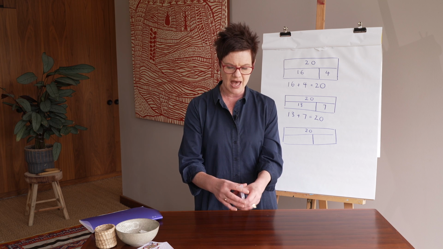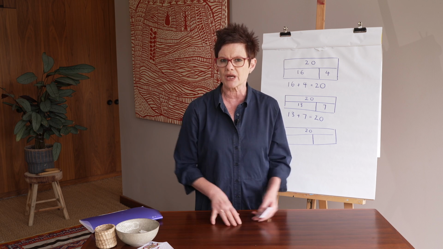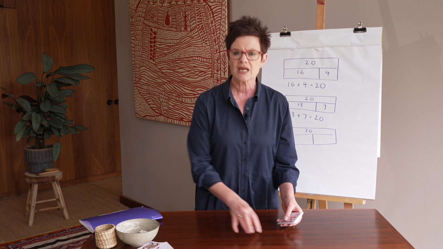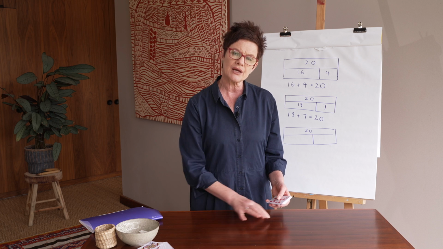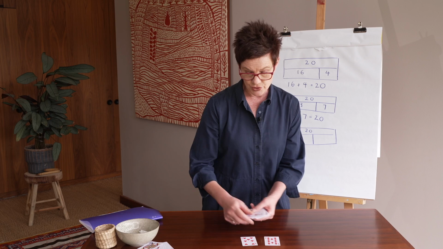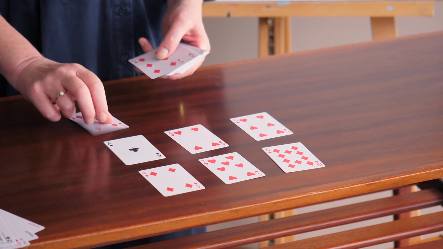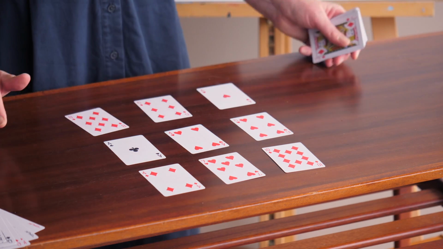All right, now we are going to put our cards in a very special arrangement in front of us. It will be a 3 by 3, like a big square. Let's have a look. 1, 2, 3, 1, 2, 3, 1, 2, 3.